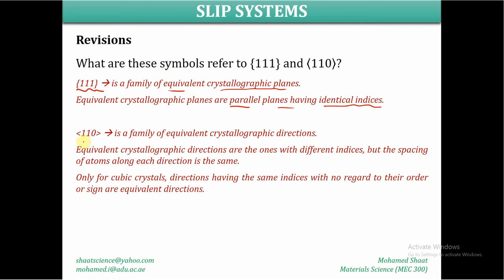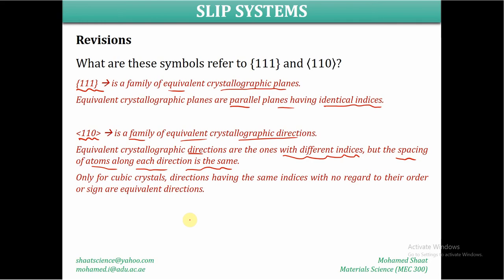For example, this other symbol indicates 110. This is a family of crystallographic directions, not a crystallographic plane. It is a family of equivalent crystallographic directions, and for any two directions to be equivalent, they will have different indices, but the spacing between the atoms along each direction will be the same.